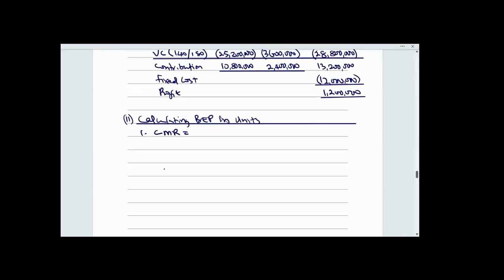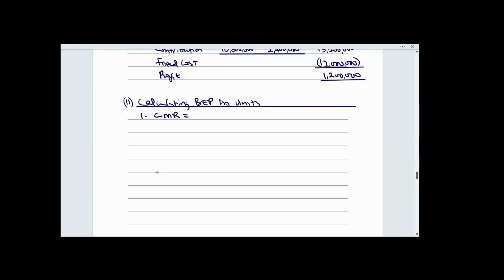Our total contribution margin has changed to 13,200,000. So here will be 13,200,000 divided by total sales of 42 million. Okay. 13,200,000 divided by 42 million. That's 0.3142.